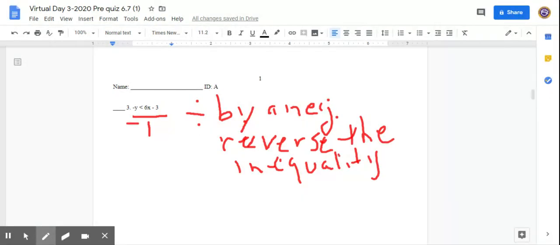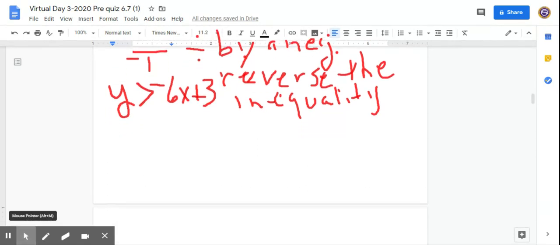Okay, so that's going to be y. Now we got to flip it, is greater than -6x plus 3. Okay, because we divided by -1.